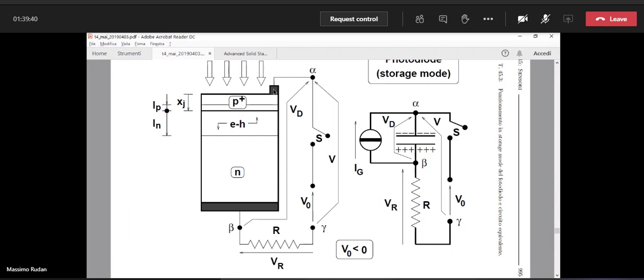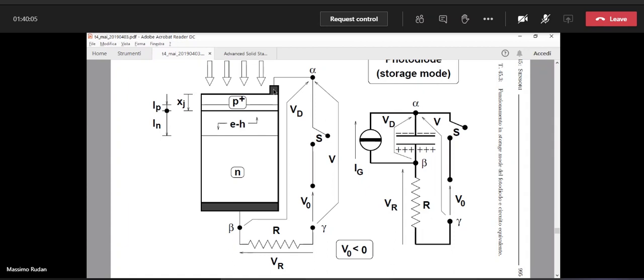Okay. So when we keep the switch closed and we have a constant voltage applied to the photodiode, we essentially have a current that is produced in the circuit.